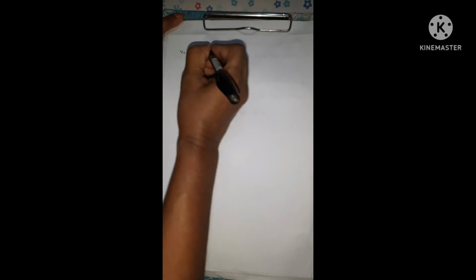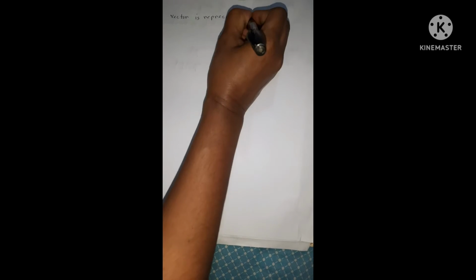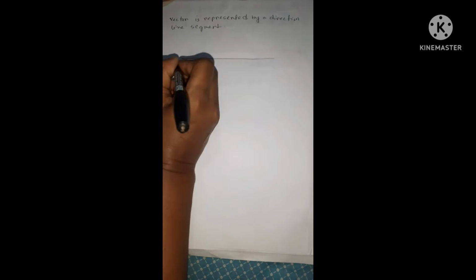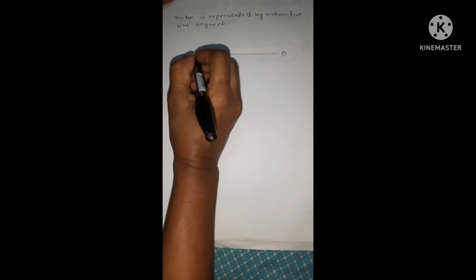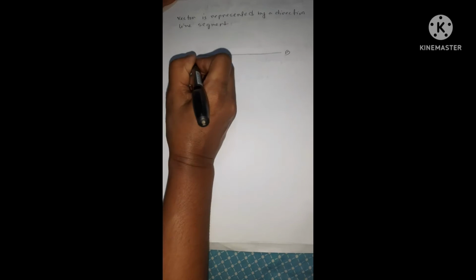Basic concept of vector. A vector is represented by a directed line segment. We draw a line AB.